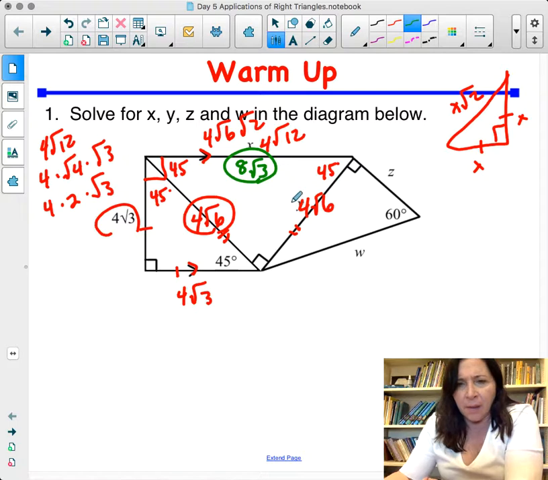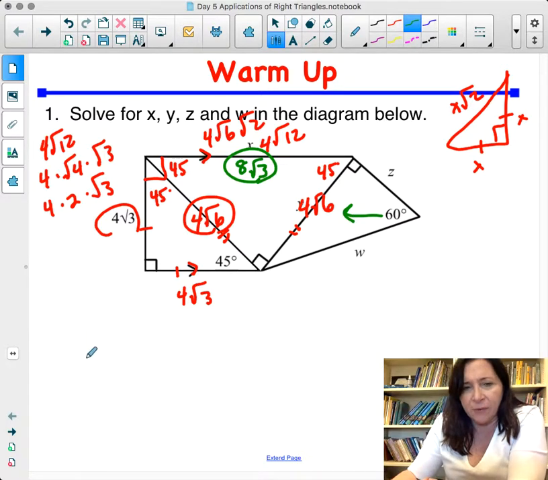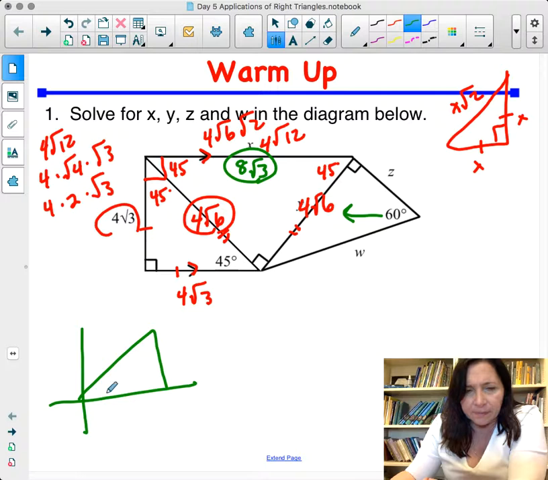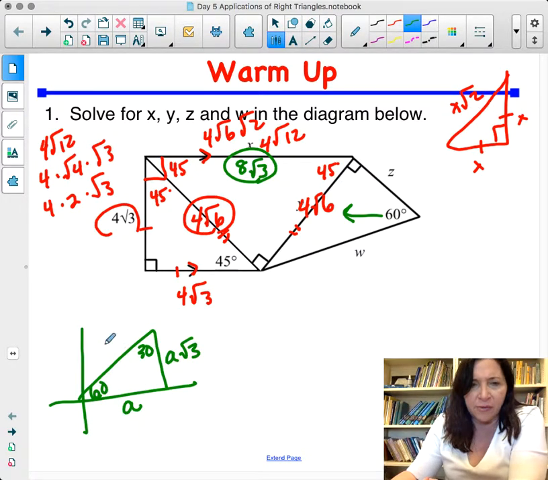Okay. Now across from the 60-degree angle is a root 3. Usually, if you have a 30, 60, 90 right triangle, across from the 30-degree is a, across from the 60 is a root 3, and across from the 90 is twice what's across from the 30, so that'd be 2a.